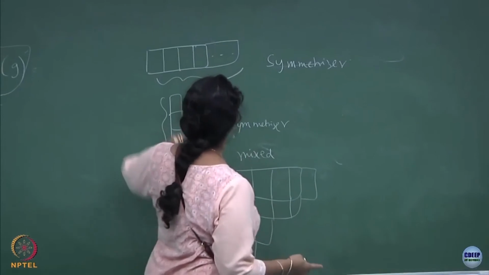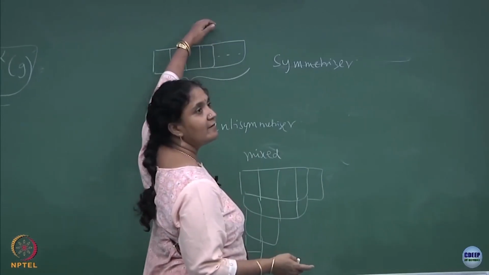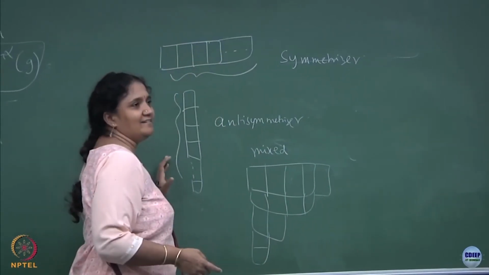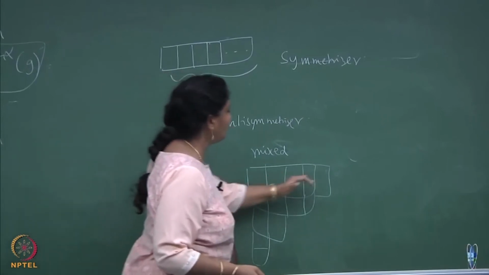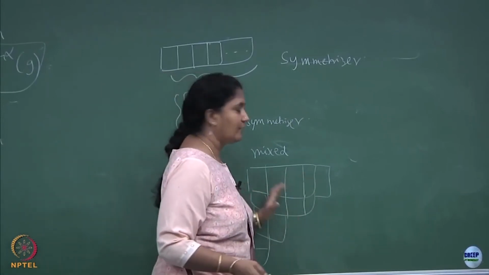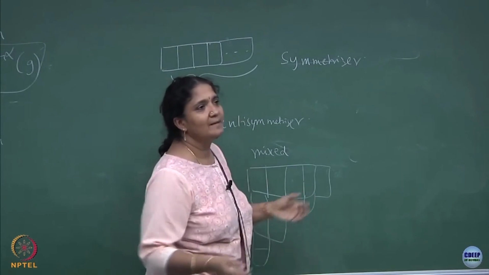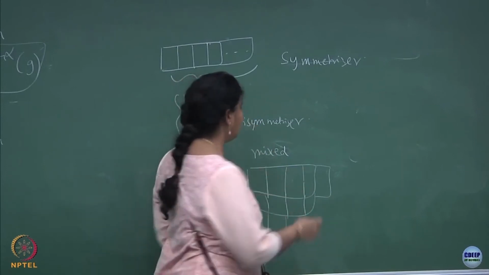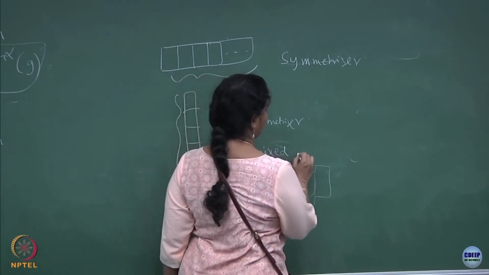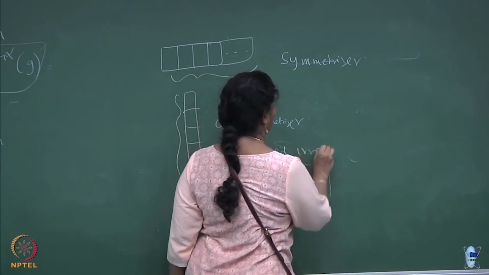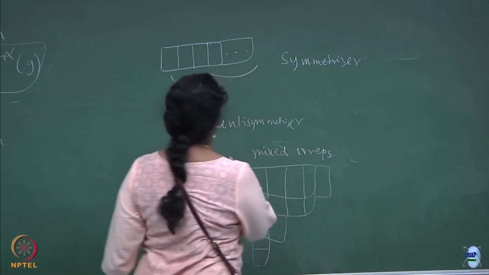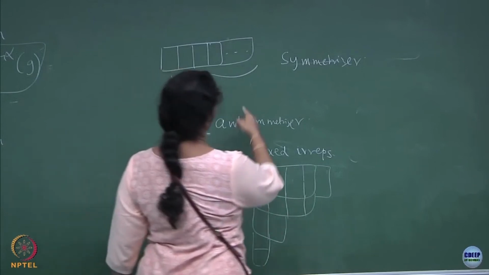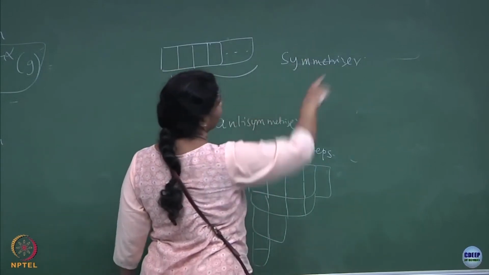Why mixed? It is not totally symmetric, it is not totally anti-symmetric, but some of them are symmetric, some of them are anti-symmetric, and you mix and match. Okay. So, these are called mixed irreps. Okay, so this is antisymmetric irrep. This procedure is called symmetrizer.